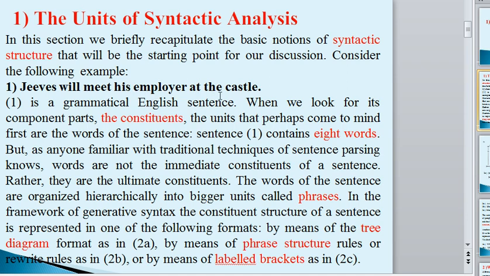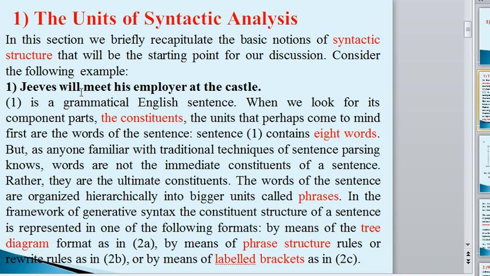But as anyone familiar with traditional techniques of sentence parsing knows, words are not the immediate constituents of a sentence. Rather, they are the ultimate constituents. The words of a sentence are organized hierarchically into bigger units called phrases. So the sentence first consists of phrases and then at last consists of words.